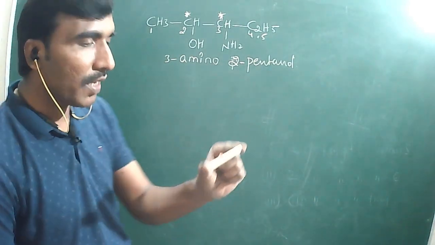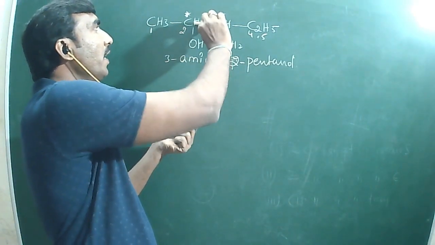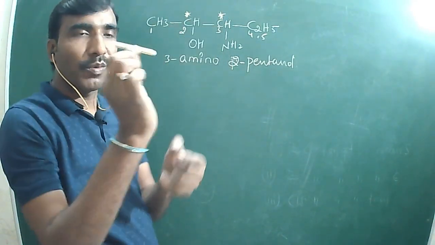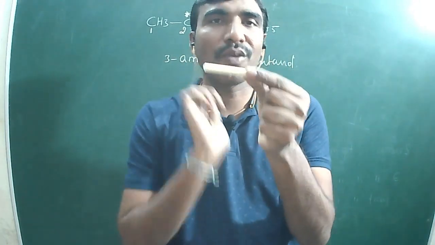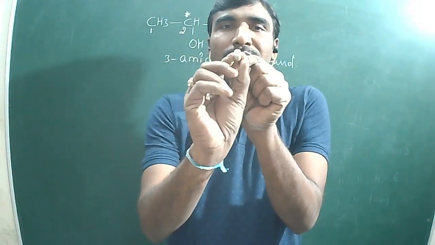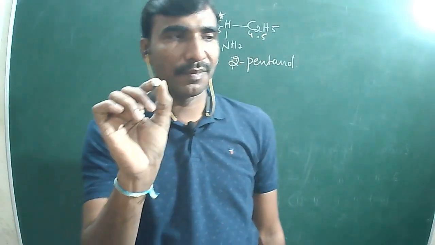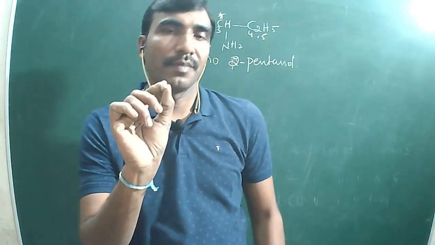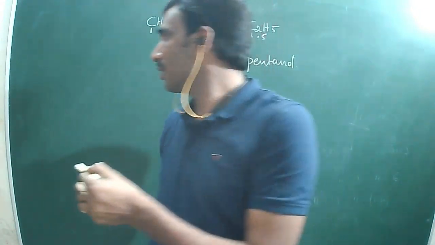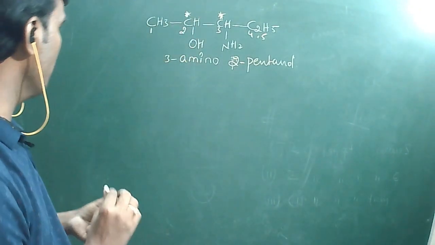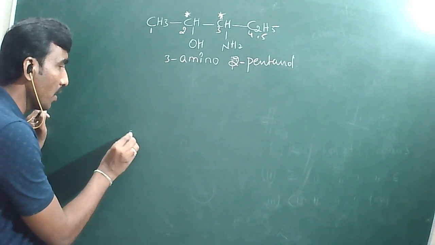You see here, this is a single bond between the second and third carbon atoms. This end is the third carbon and this end is the second carbon atom. How many carbons are you able to see? Only one carbon. So here I am representing the top carbon atom, the second carbon atom, with a simple dot.